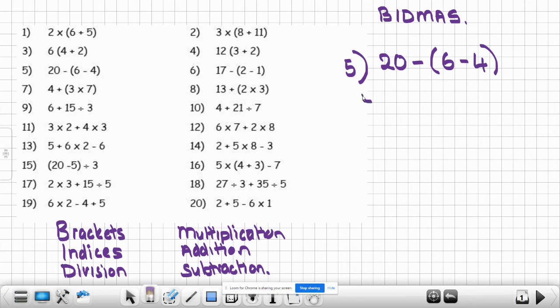So let's have a go at this one. We've got in the brackets 6 minus 4, and 6 minus 4 is 2. So when the brackets are removed, we're going to have 20 minus 2, which equals 18.